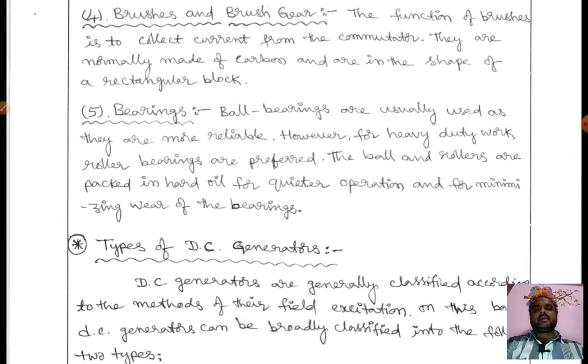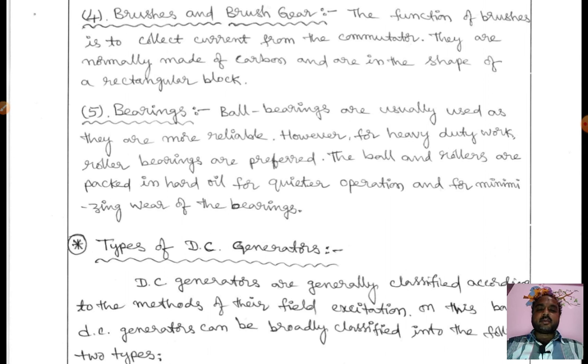They are normally made of carbon and in the shape of a rectangular box. Bearings: ball bearings are usually used as they are more reliable. For smooth operation we are using these ball bearings. However, for heavy duty works, roller bearings are preferred.